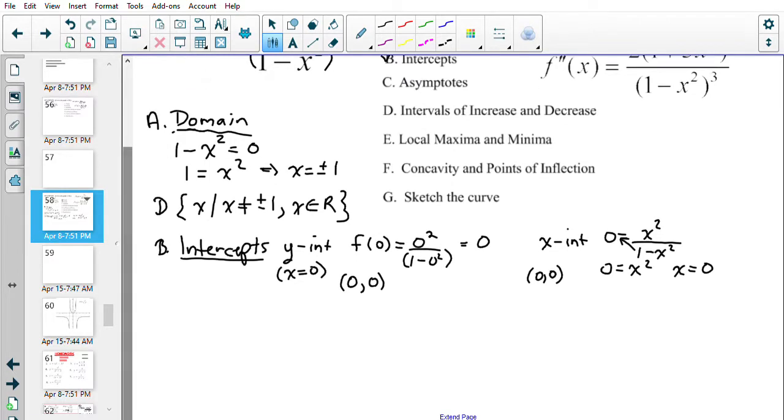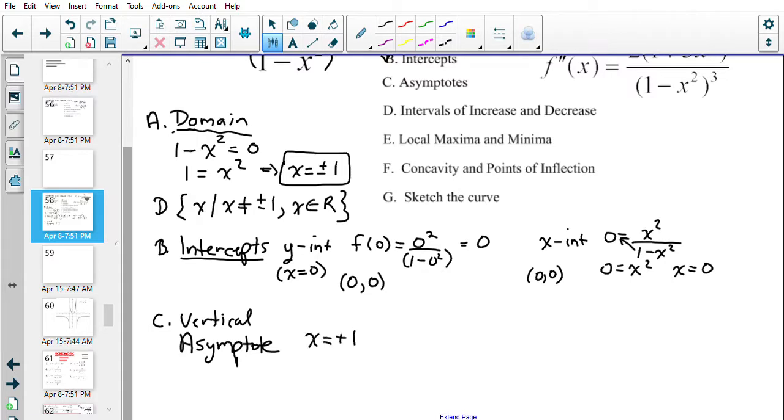So first things first, in the asymptotes we'll find the vertical asymptote is where we'll start. In that vertical asymptote, we return to those points that made the denominator 0. Those are the points where the vertical asymptotes will occur. So you have a vertical asymptote at positive 1, and you have another vertical asymptote at negative 1.